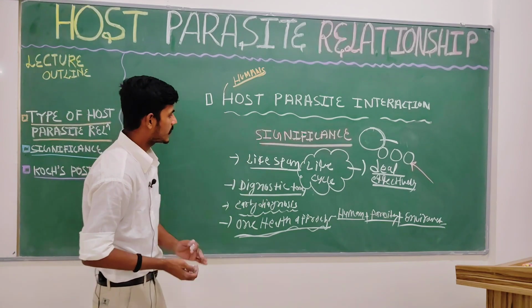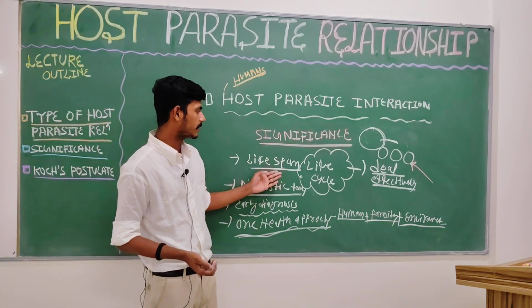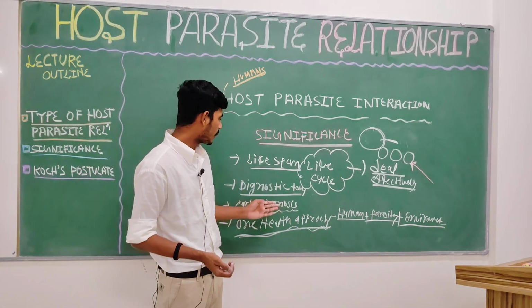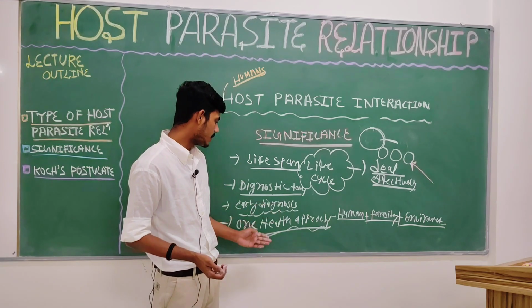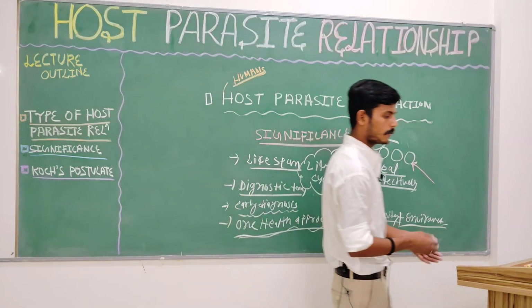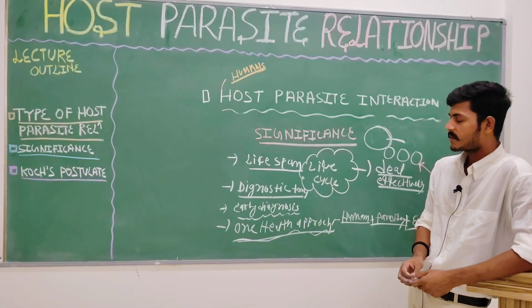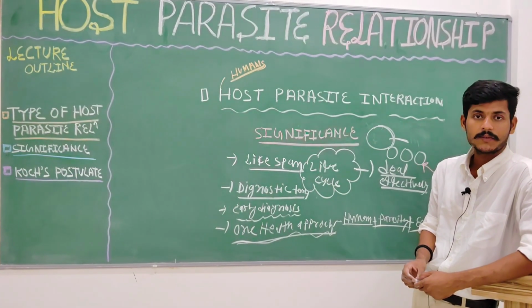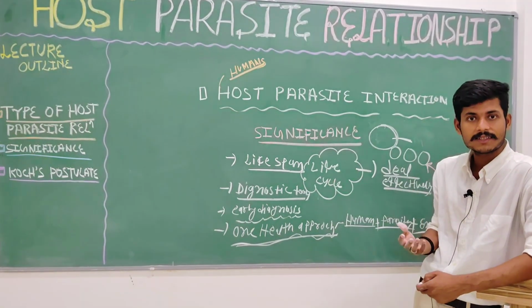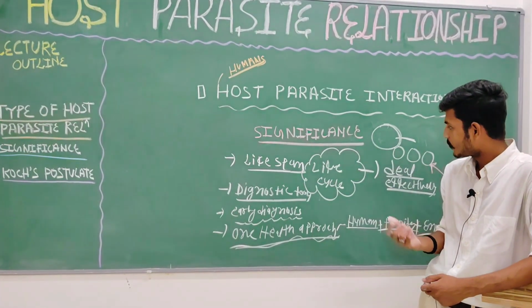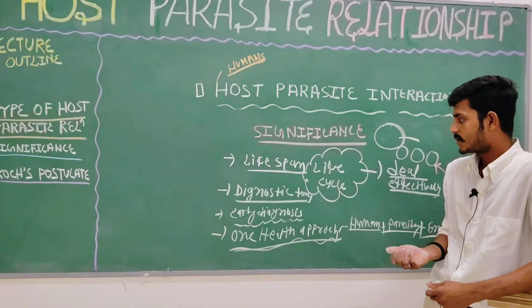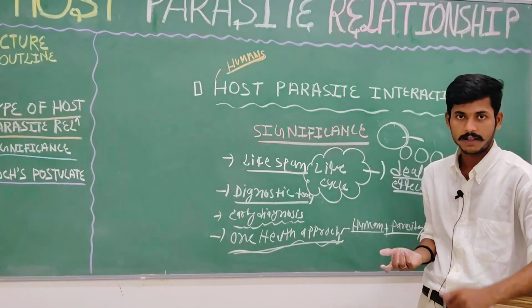So these are some of the significance. Let's summarize once again. The first is the lifespan, then diagnostic tools, early diagnosis, and the one health approach. We've seen that by understanding the lifespan, we can provide better treatment, we can understand the pathogenesis of the organism, and it also helps in the one health approach.